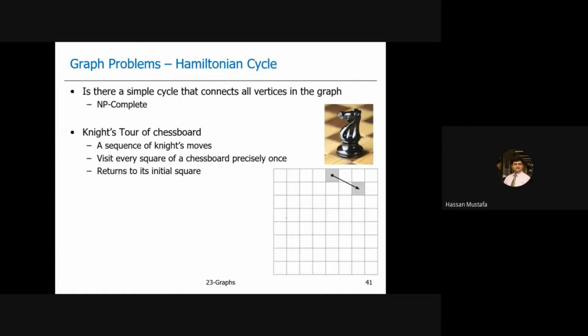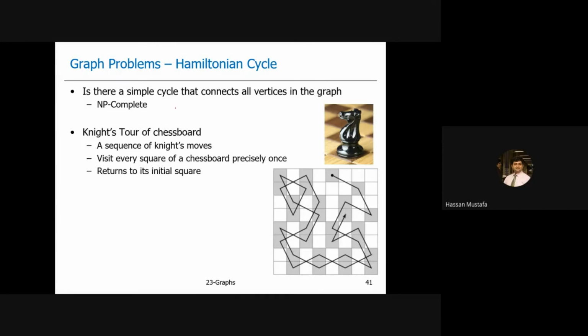Then we have this Hamiltonian cycle. This Hamiltonian cycle asks the question: is there a simple cycle, that is, no vertices repeated, that connects all vertices in the graph? It means we need to touch all the vertices in the graph, but we do not want to repeat any vertex.